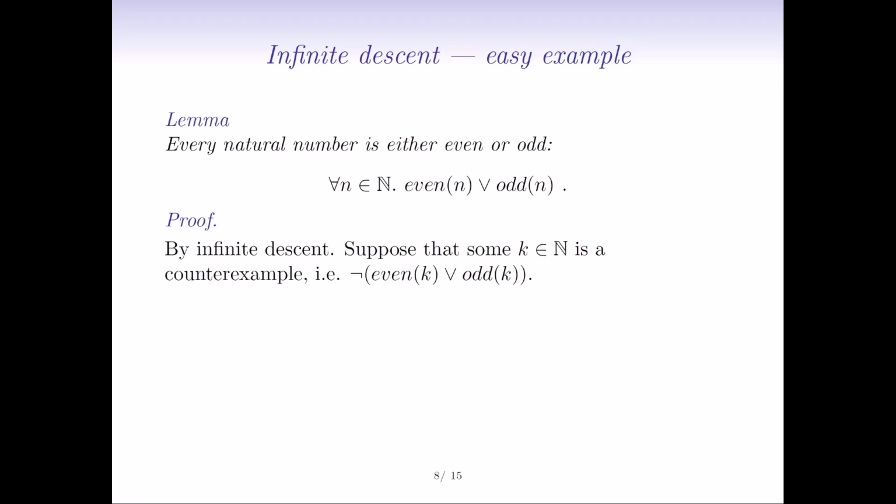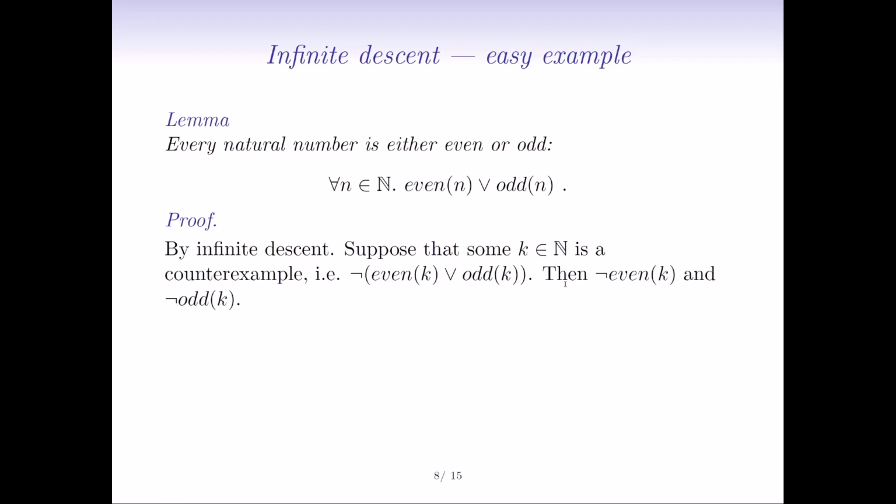But infinite descent says, suppose that it's not true, for contradiction. So suppose that some k is a counterexample, meaning that it's not the case that k is either even or odd. So we have a natural number, but it's neither even nor odd.